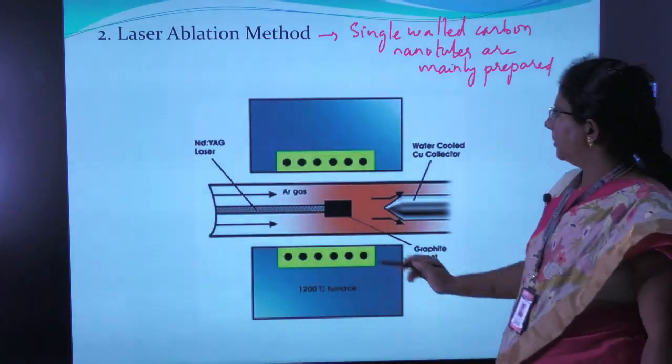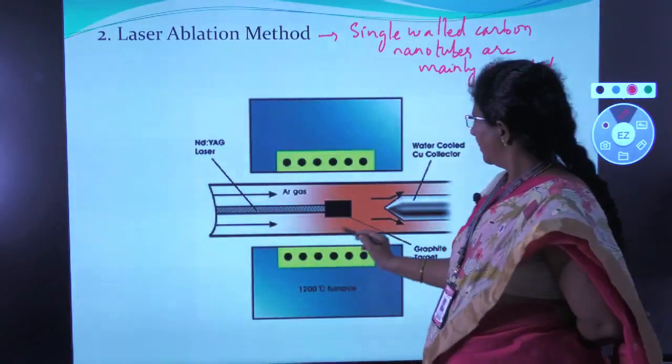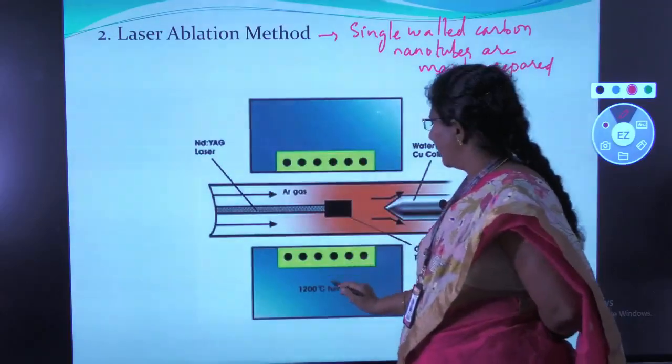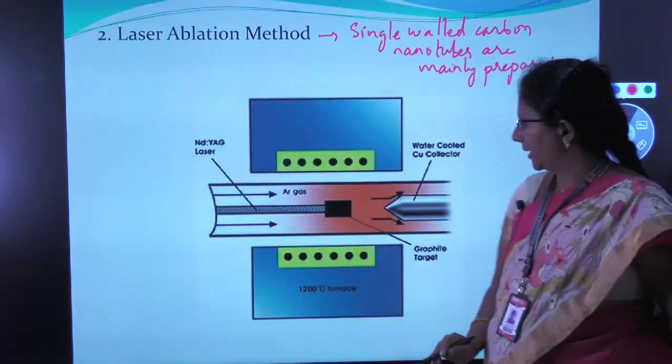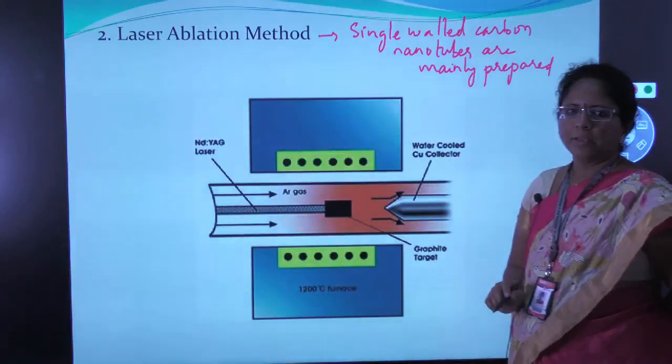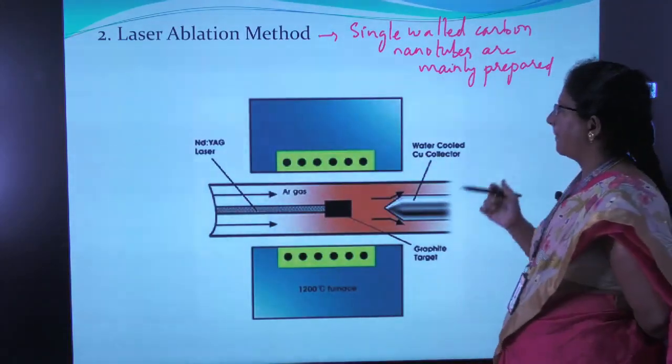Here they will be taking a laser. This is the graphite target. It will be placed in an oven or furnace which is maintained at 1200 degrees centigrade, and this is the copper collector, which acts as a catalyst here.